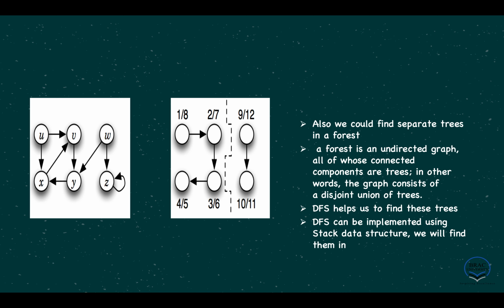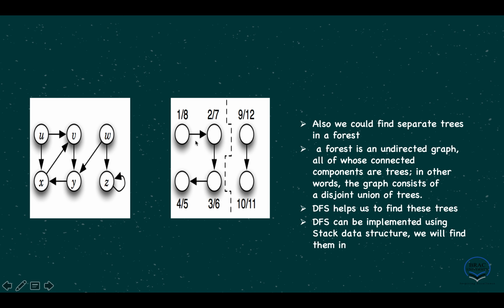In other words, the graph consists of a disjoint union of trees. So inside our forest we'll have multiple trees, and using DFS we can find our separate trees, right? We got our separate tree, this, and this was another separate tree, and this as a whole is a forest. So from our graph we got all the separate trees using DFS.